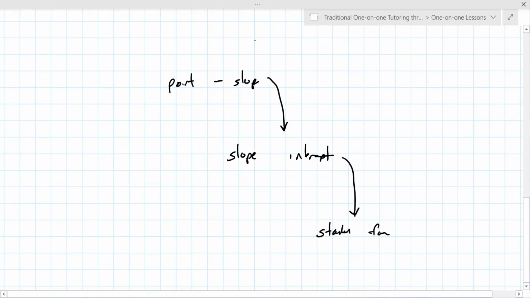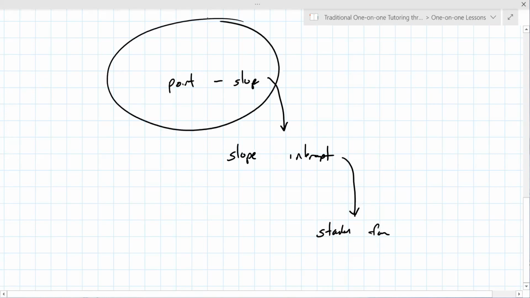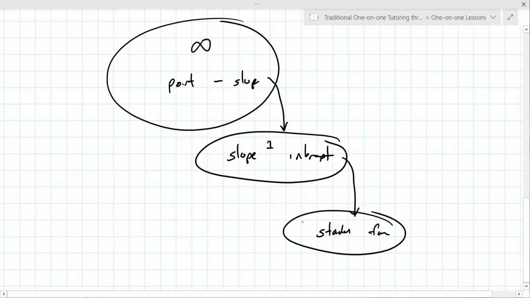But there are an infinite number of point slope forms, but there is only one slope intercept form of a line. All right. And there's only one standard form of a line. Oh, right. Okay, that makes sense now. The reason is because there's an infinite number of points on the line, but there's only one slope and one intercept, because you only ever have one of those values.